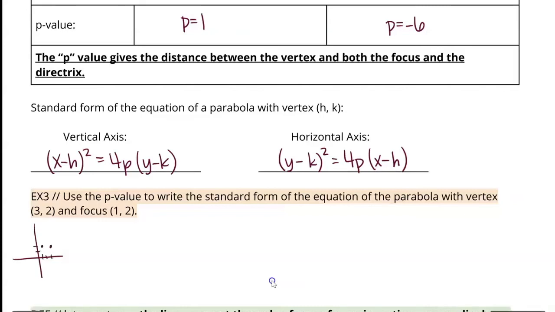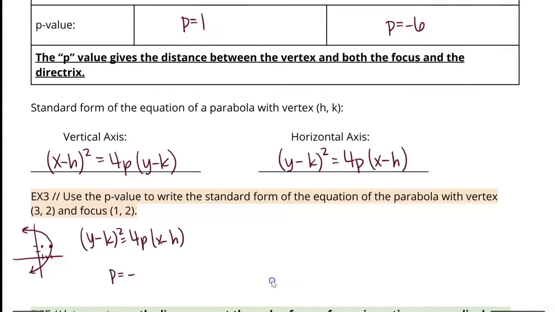So remember, my vertex is going to be the start of my parabola, and it's going to open around the focus. So this thing has a horizontal axis, which means it's going to be in this form. And it opens to the left, which means my p-value is going to be negative.